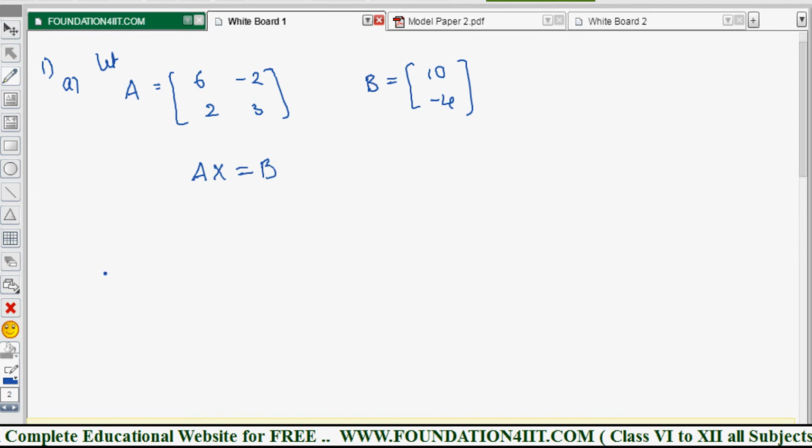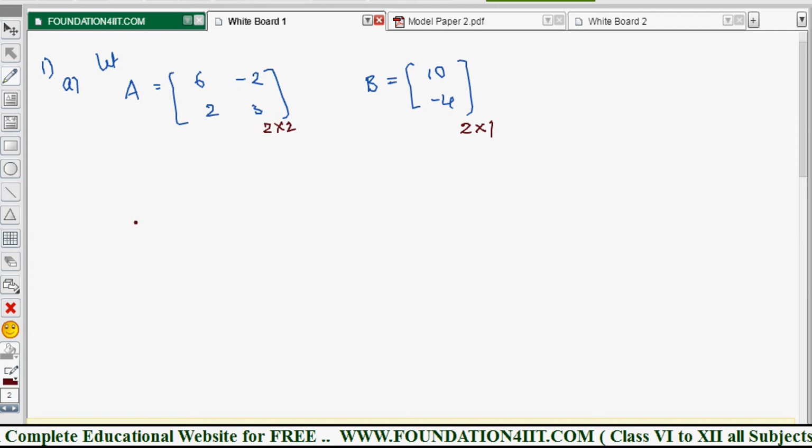So X is a matrix. Now if you see the order, this is 2 rows, 2 columns, so it's a 2 by 2. And this is 2 rows, 1 column, and the X matrix we need to find out.